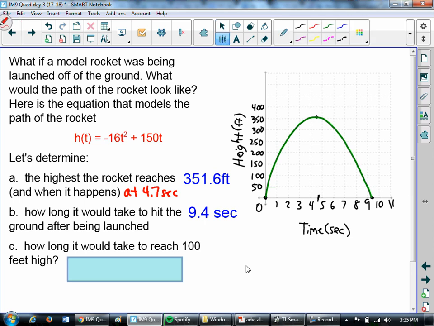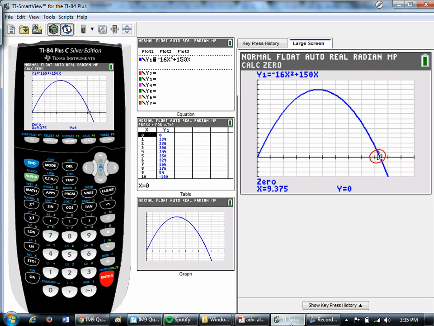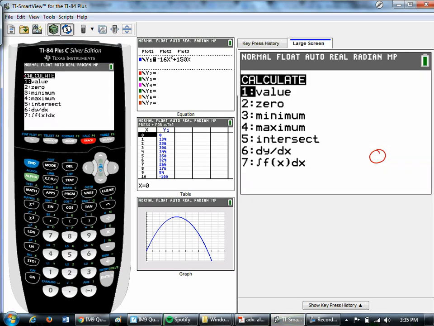What I'm going to do is I'm going to put a line at 100 feet. And you can see that I'm looking for this intersection point here and that intersection point there. To find those values, what you're going to do is use your calculator again. So go back to your calculation menu. Like I said, everything is pretty much in that calculation menu.